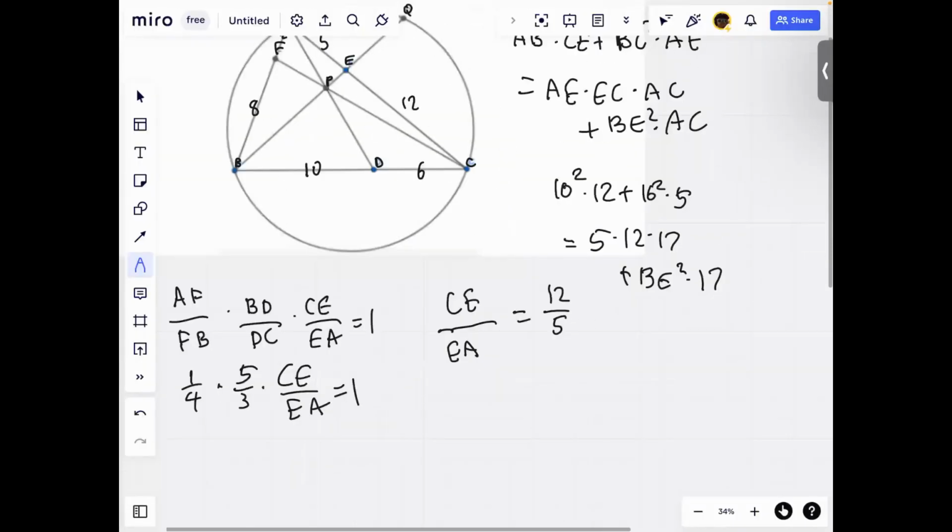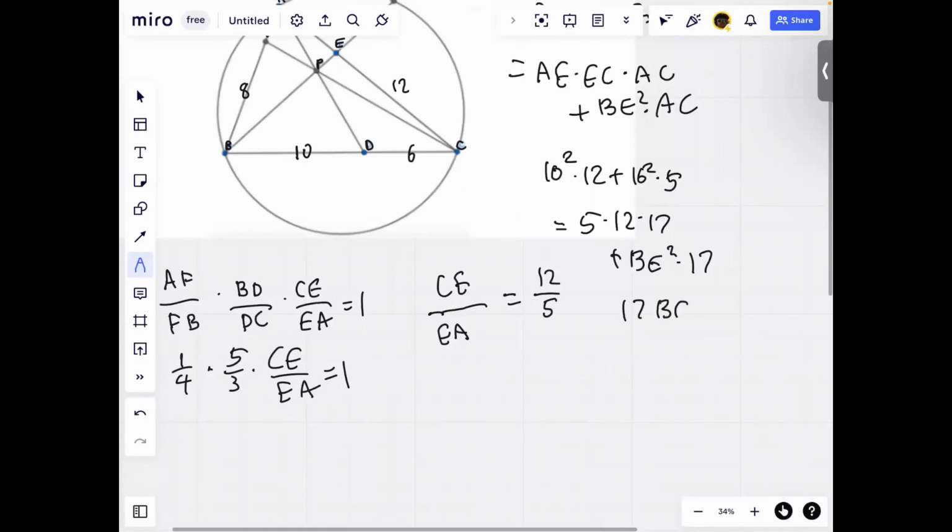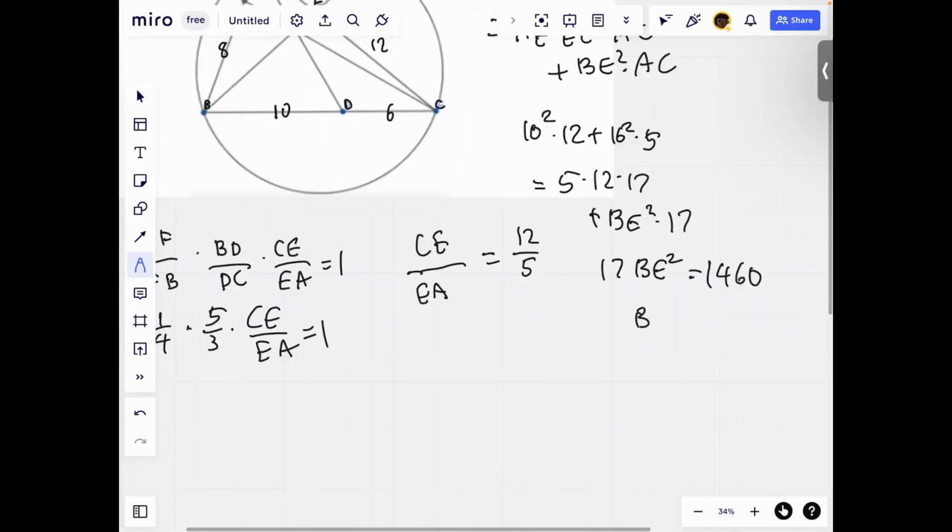If we solve this, we get that 17 BE squared is equal to 1460. So now BE squared is equal to 1460 over 17.